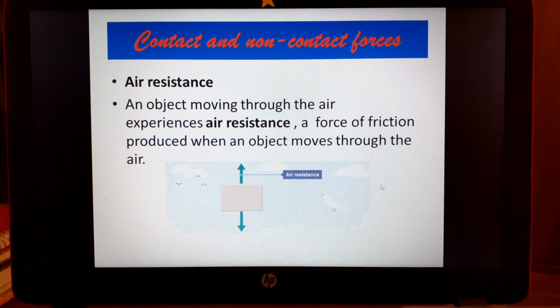Many animals, like birds, take advantage of air resistance to fly, and we build planes taking into consideration that there is air resistance to help them fly. This is a contact force. If the air particles do not touch the object, there is no air resistance, and the object will simply fall based on the pull of gravity.